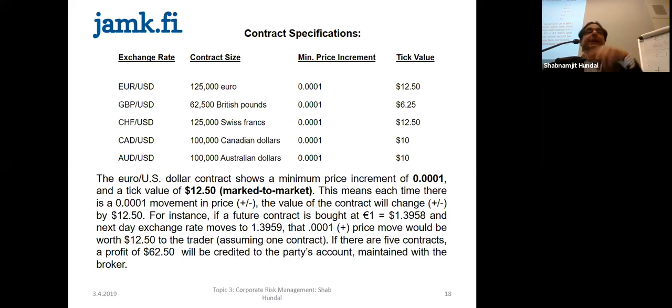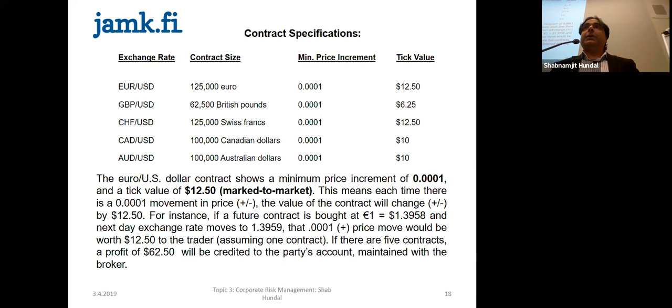But let's say after some time, after 2 hours, the price is 1.3939. You have lost 20 ticks, because you lost how much? 0.0020.